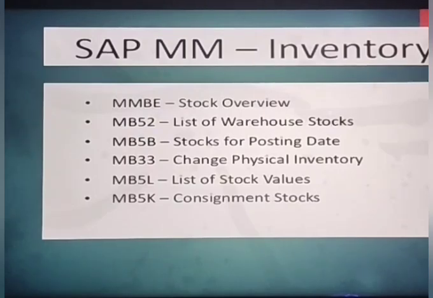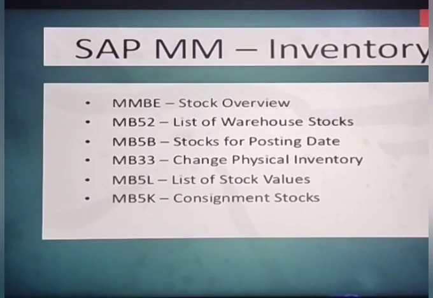This slide is only for inventory. To check the stock overview that is MMBE, to check the warehouse stock that is MB52, to check the stocks for the posting date that is MB5B, to change the physical inventory that is MV33.